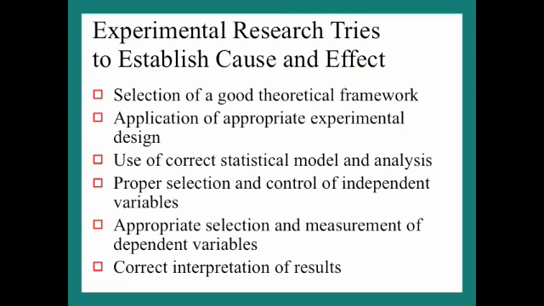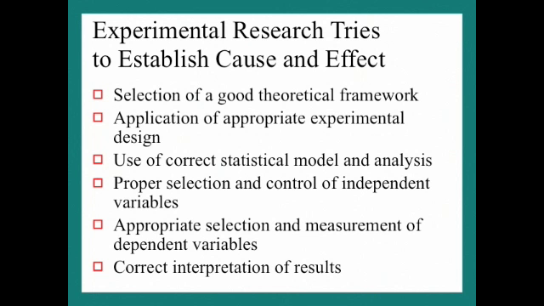So experimental research tries to establish cause and effect, and how we do that is by these steps here. We make a selection of a good theoretical framework, which means we have good ideas. We use our literature review to come up with good theory.